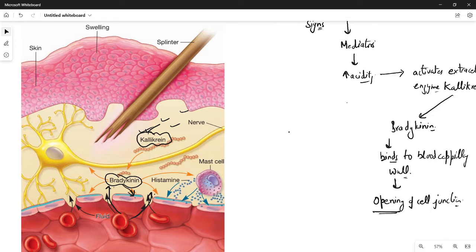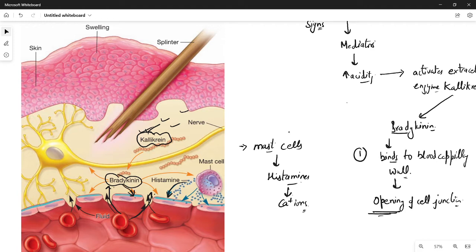At the same time, bradykinin also binds to the mast cells. This is another function of bradykinin. First it allows the opening of the cell junctions, and then it binds to mast cells, which release histamines. These histamines bind to the endothelial cells and cause the influx of calcium ions.